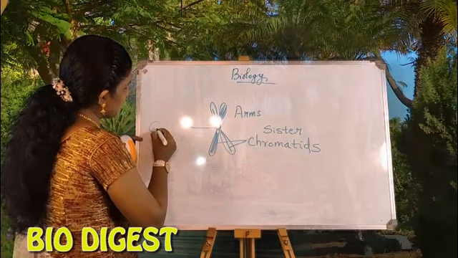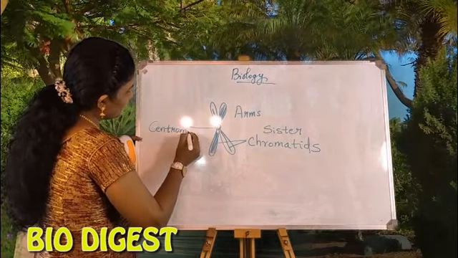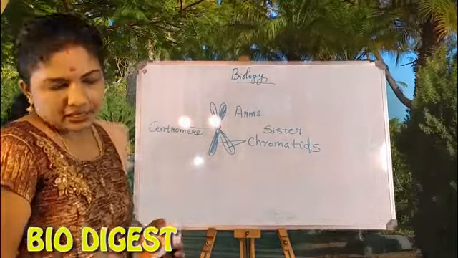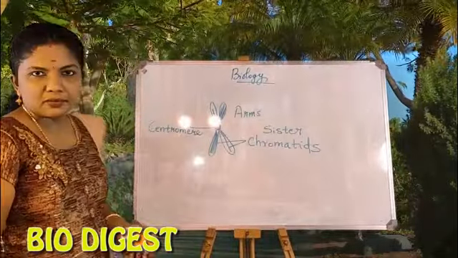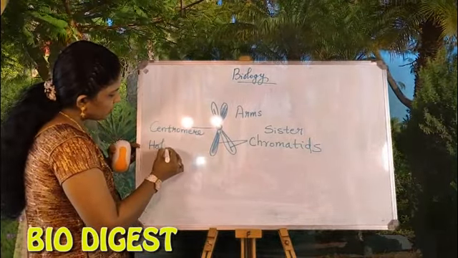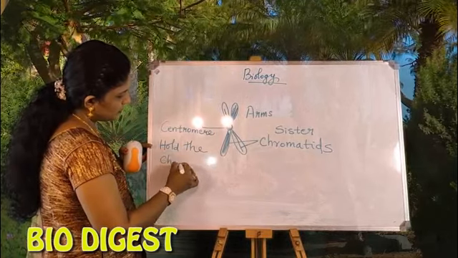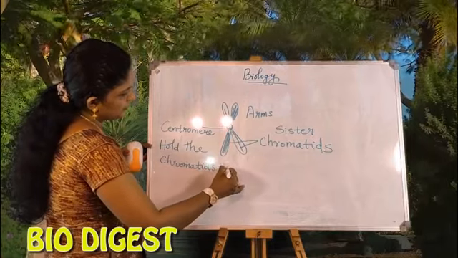Now you can see there is a particular region present. This region is known as the centromere. A question can come: what is the function of the centromere? How will you write the answer? The centromere will hold the chromatids together. That is the answer.